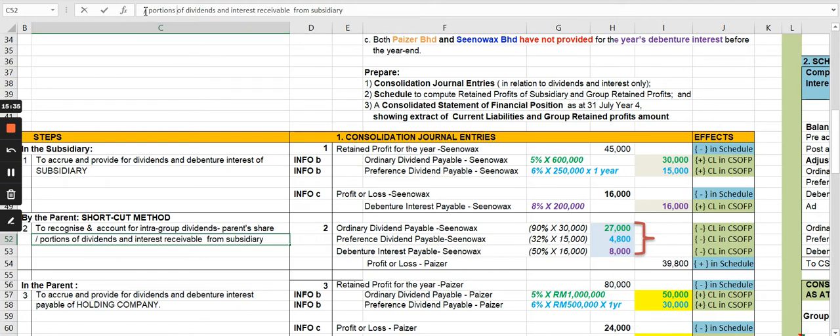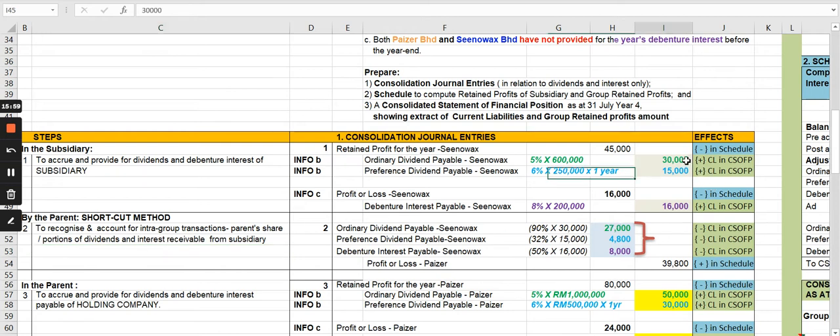So you need to go and recognize the share of the intra-group transaction. Okay, parent share of dividends and interest receivable.